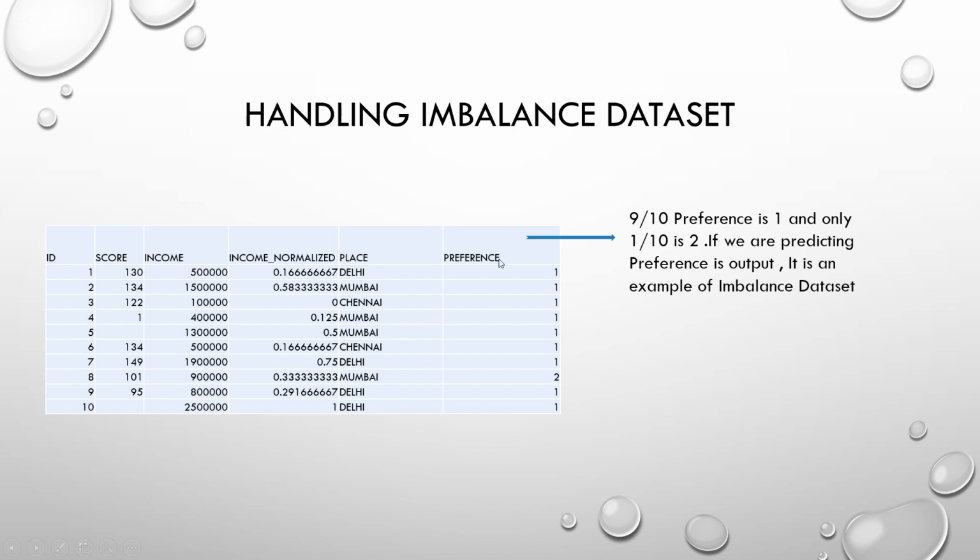Like in this data set, suppose we are predicting preferences based on these particular features: ID, score, income, and place. But if you see the data, 90% of the data belongs to the math class, and only one particular instance is talking about commerce. So obviously our model becomes biased and it will not provide good accuracy because the set is imbalanced. So it is very important to balance the data set before we go into the actual modeling part.